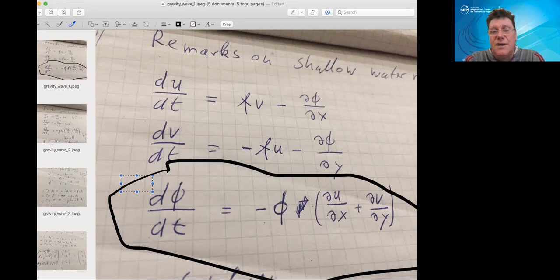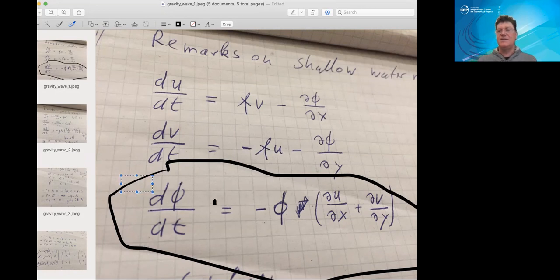You integrate that vertically from the bottom to the top of the fluid. And what you get, using our shallow water assumption again, that our velocities are independent of the height of the fluid, then we get exactly this equation here. So this phi is, as you know, g times h for our shallow water model. So this is the continuity equation.